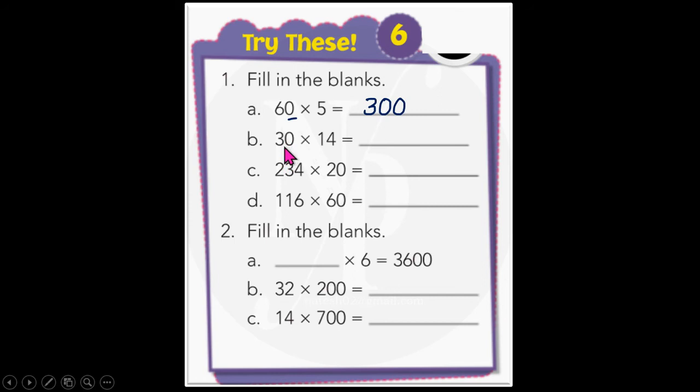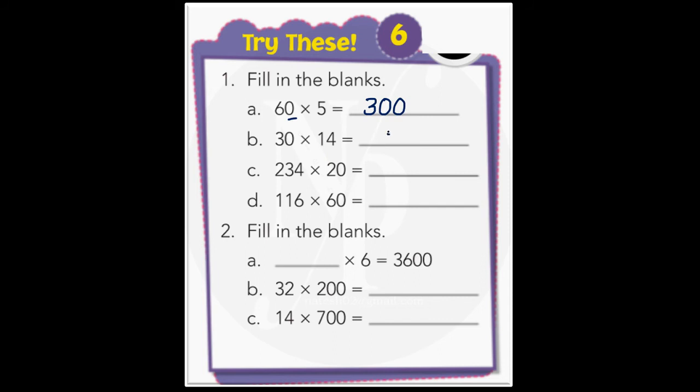B: 30 into 14. We multiply 14 and 3, and to the right of the answer we put this 0. So what do we get if we multiply 14 and 3? Or we can multiply 14 by 3 also. So 3 4s are 12.